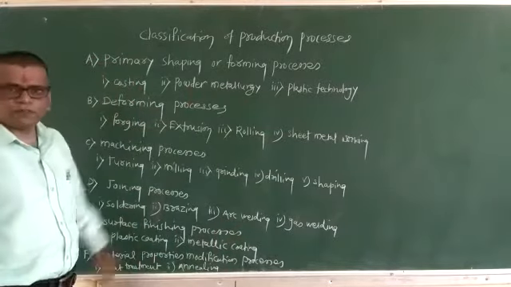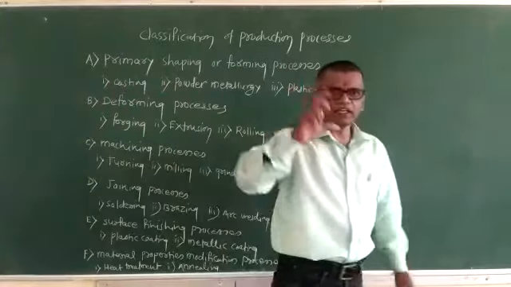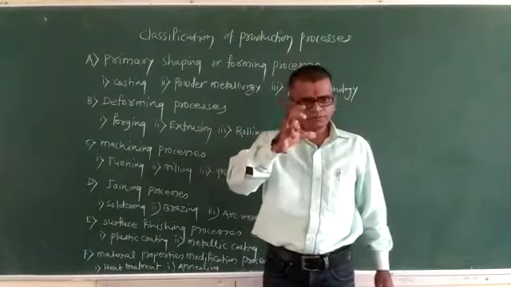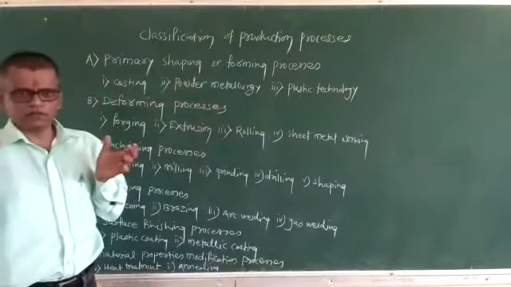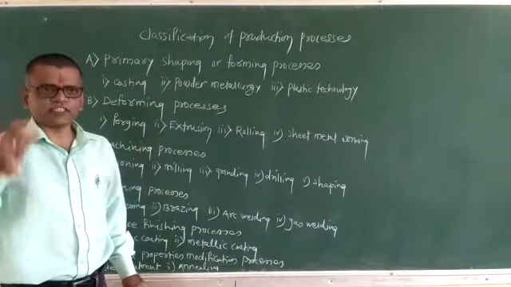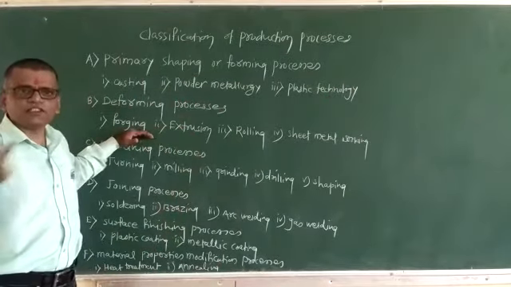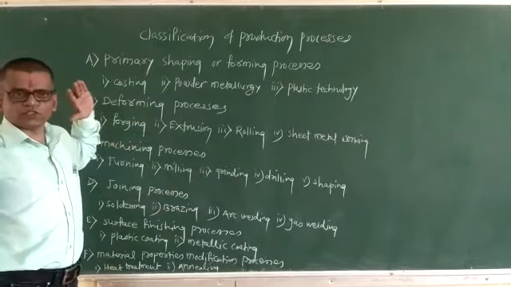Now what is forging? Compression stresses are applied on a material. The material is heated and then placed on an anvil, and compression stresses are applied on that material to cause plastic deformation to get the desired shape. That is called the forging process.